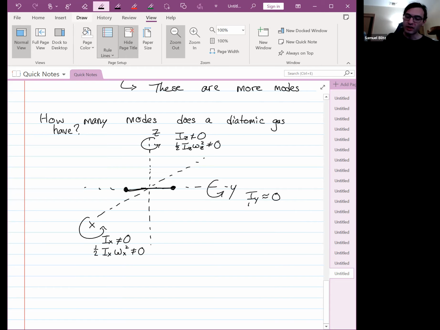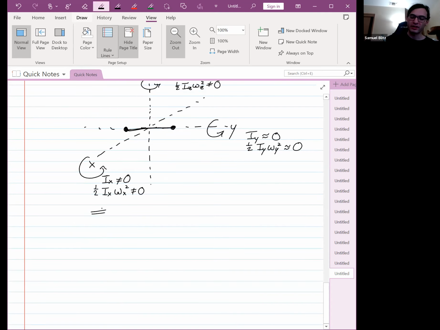And so here we would say that there is no energy associated with rotating about the y-axis. We didn't have to choose this orientation, but regardless of how you orient the diatomic molecule, there will always be one direction that you can rotate around and store no energy, and 2 that you can rotate around to store energy.